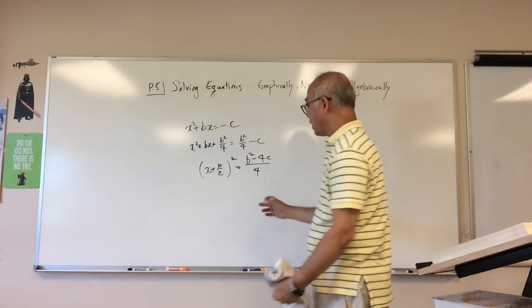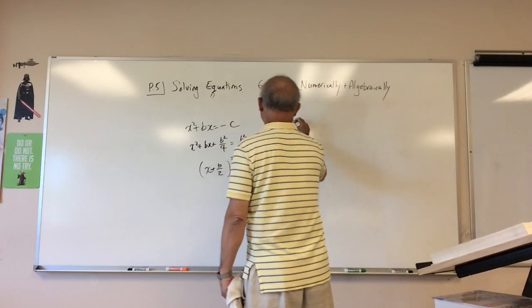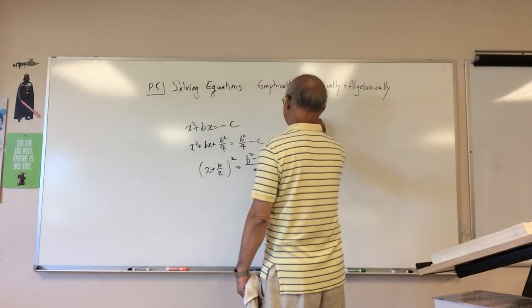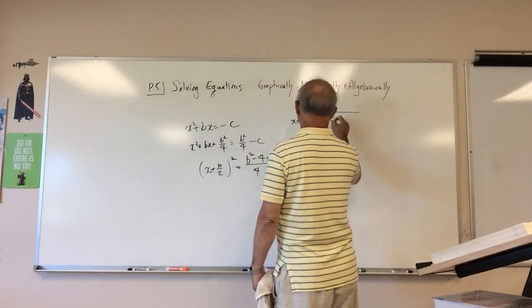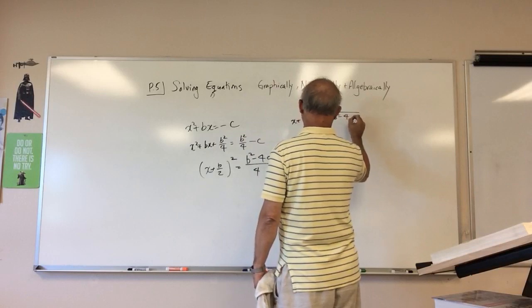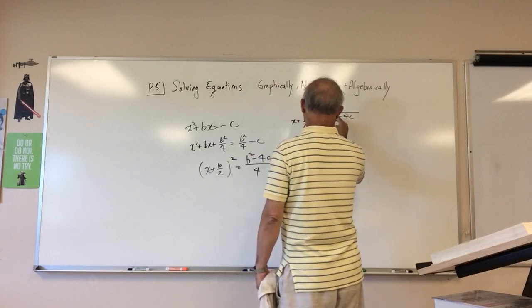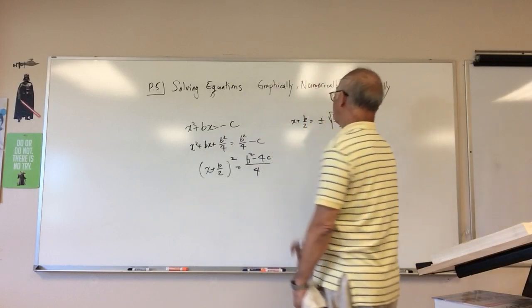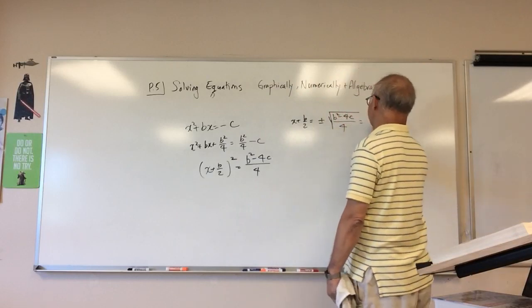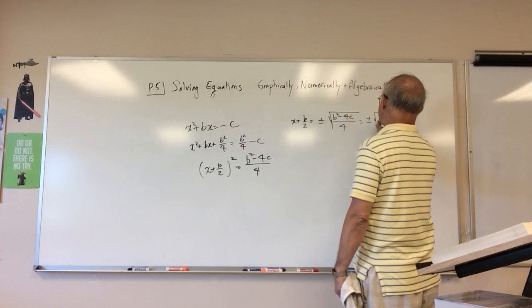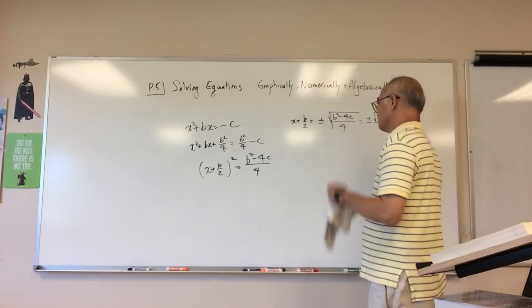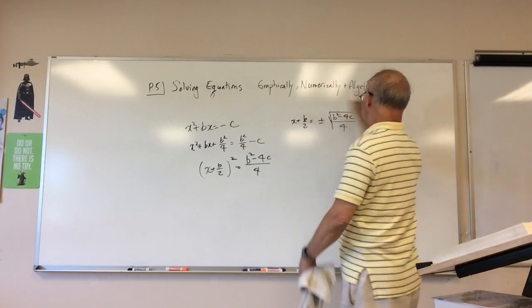From here I'm going to take the square root of both sides. I get x plus b over 2 equals plus or minus the square root of b squared minus 4c, over 4. This is the same as the square root of b squared minus 4c over 2. Now I'm going to move this over.